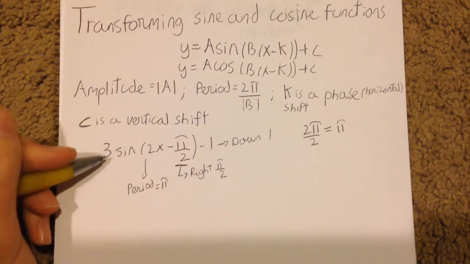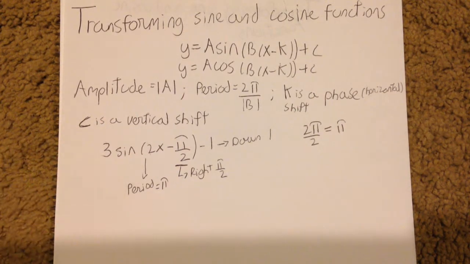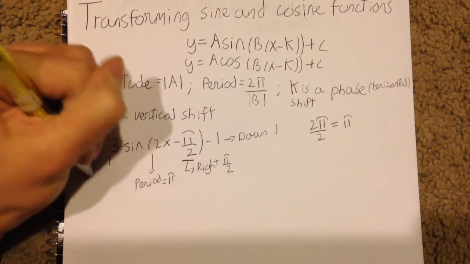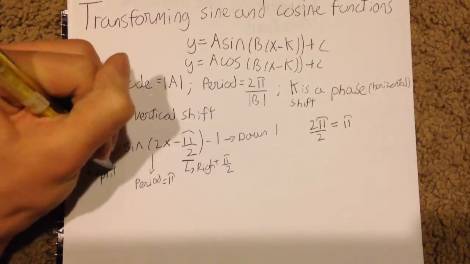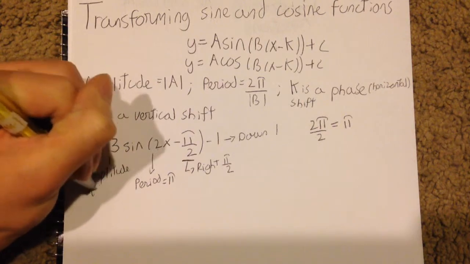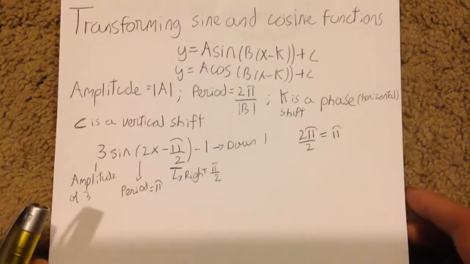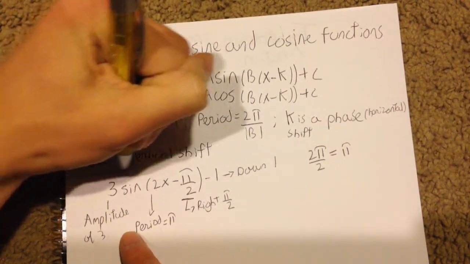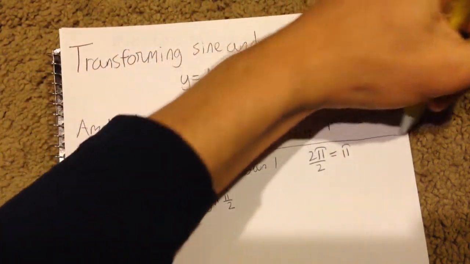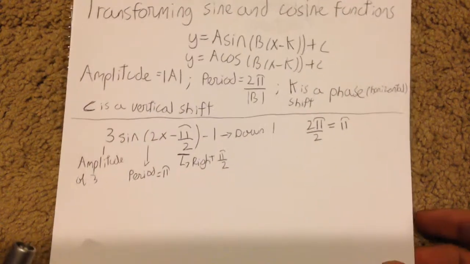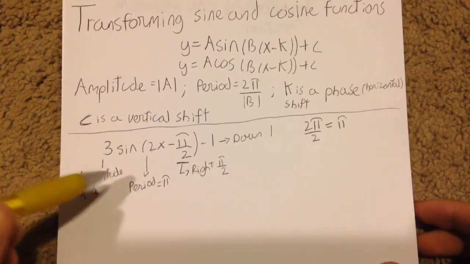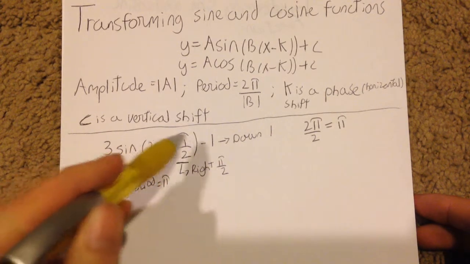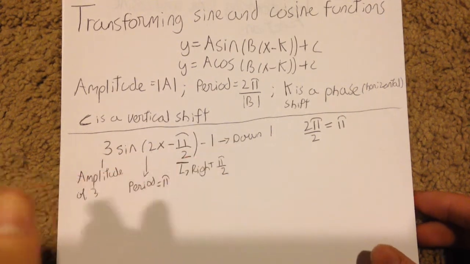And then we have 3, and the absolute value of 3 is 3, so this is going to have an amplitude of 3. So now we know what our function is going to look like: an amplitude of 3, a period of pi, moved to the right pi over 2 units, and moved down 1.